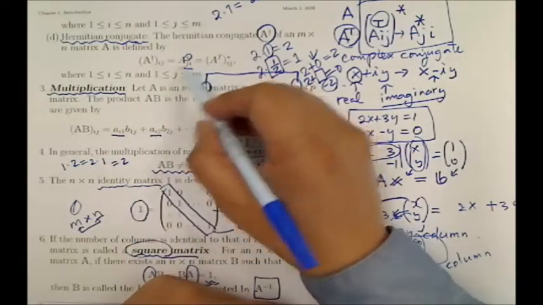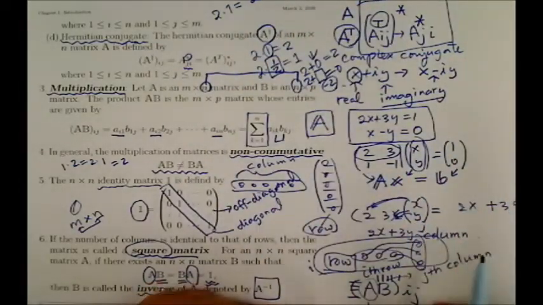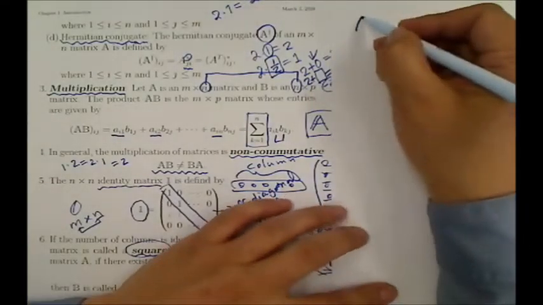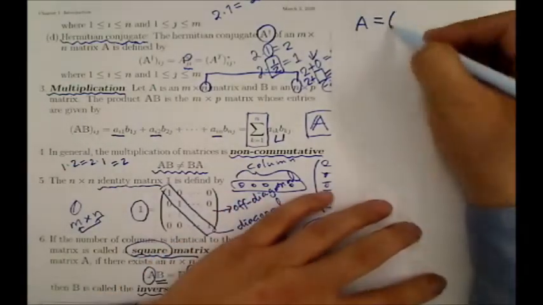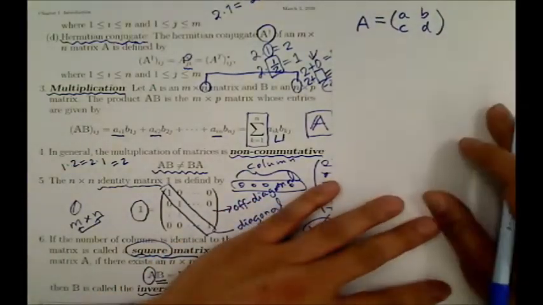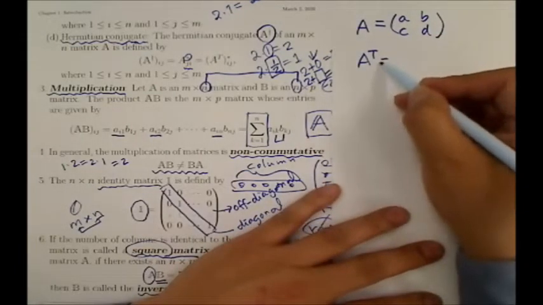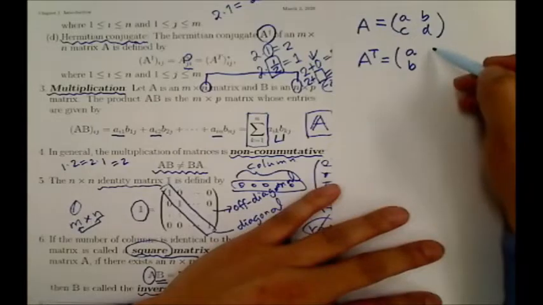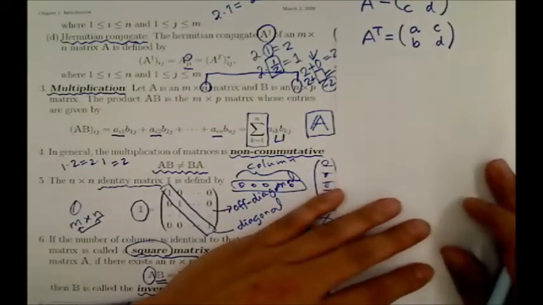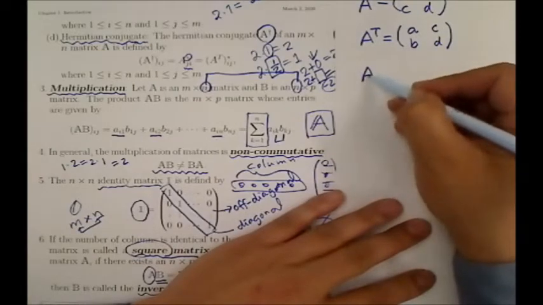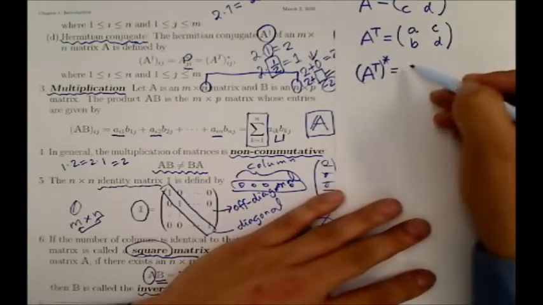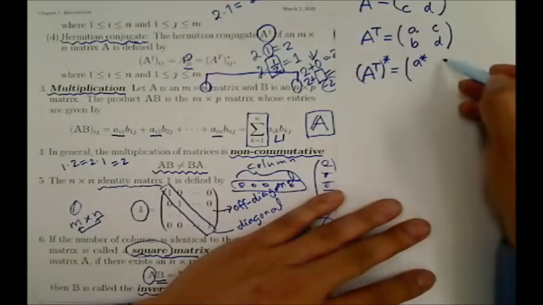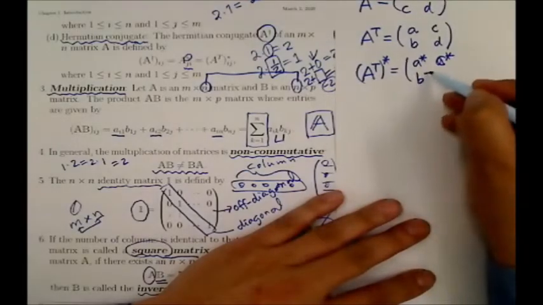That means if I begin with the matrix A, B, C, D, first I take the transpose, that is A, C, B, D. This row will be replaced with this column, A, B, and C, D. This is transpose. After taking the transpose, we take the complex conjugate. Complex conjugate means take the complex conjugate of every element, A star, C star, B star, and D star.